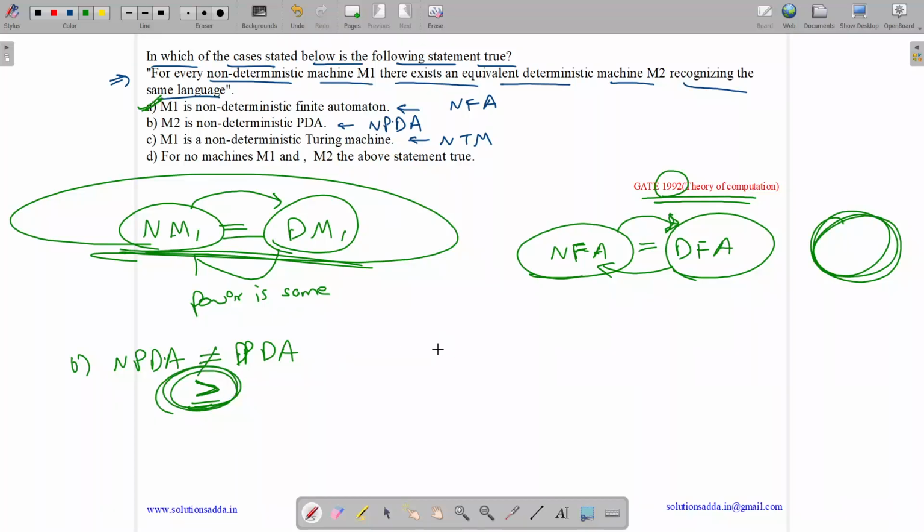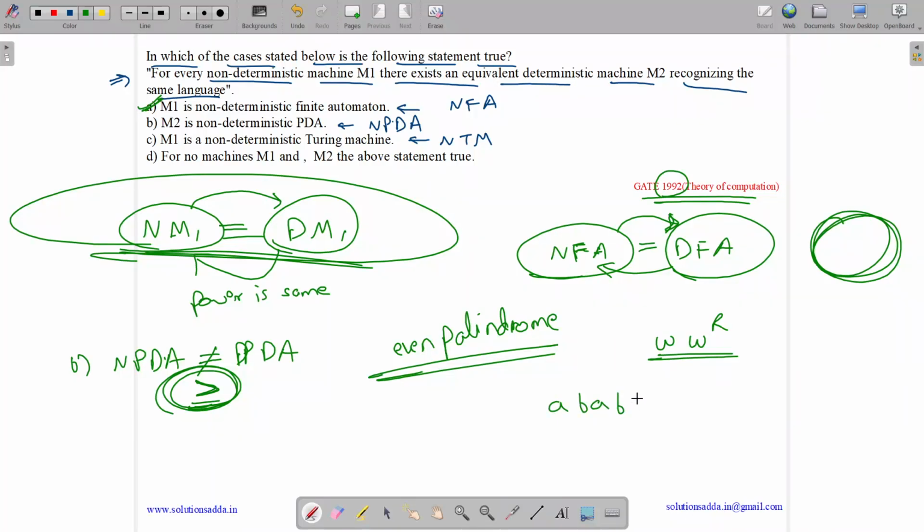See, if we have some strings like palindromic strings, even palindrome, let us consider, over English alphabet, W W^R. Then the example of a palindrome is ABAB, then BABA. So at each step, we have to make two decisions.